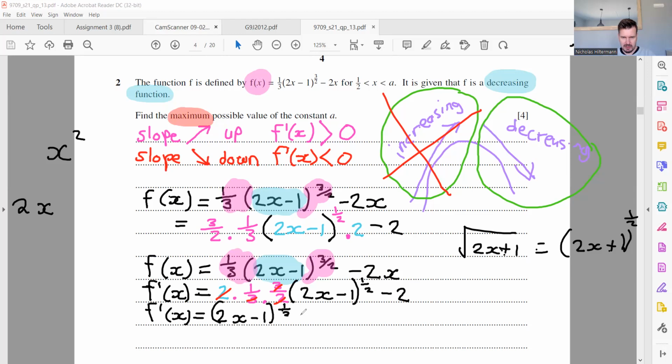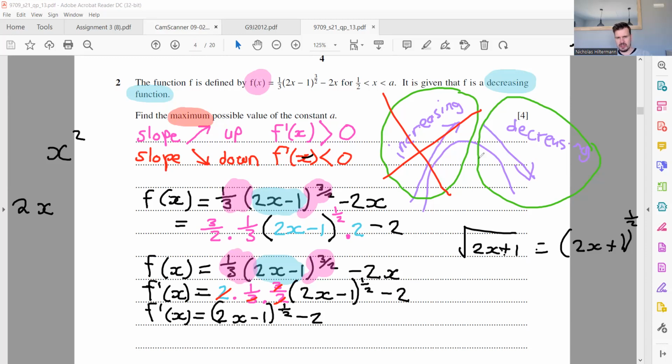But they are telling me what is the biggest number that a can be when x is between a half and a. And so what I have to do is I'm going to say, well, what if it's a decreasing function, what does that mean? That means that this derivative is going to be less than 0.